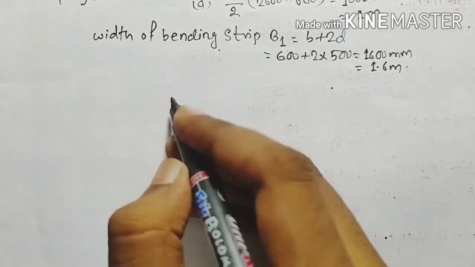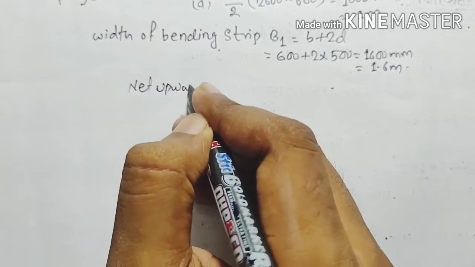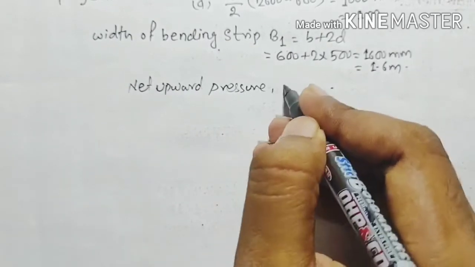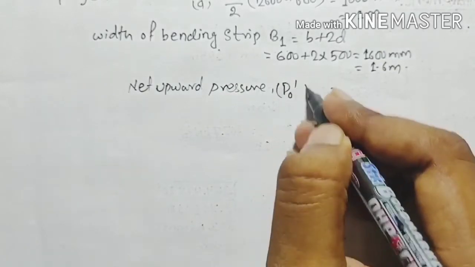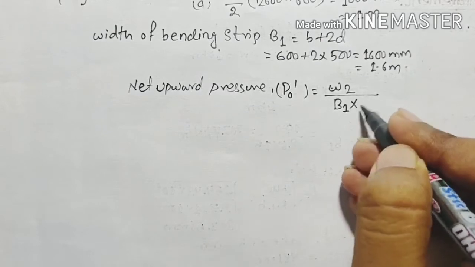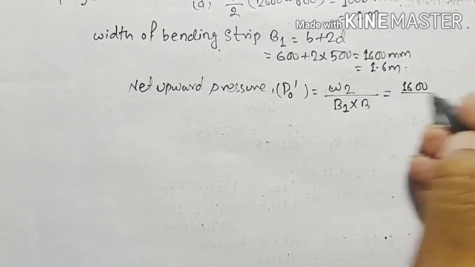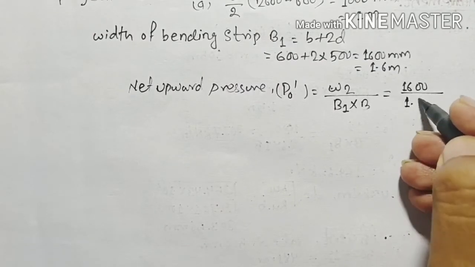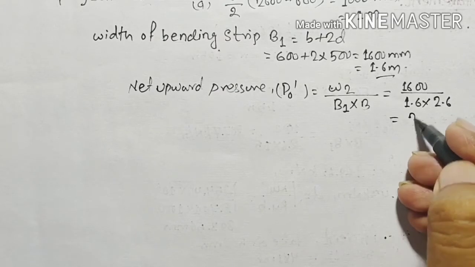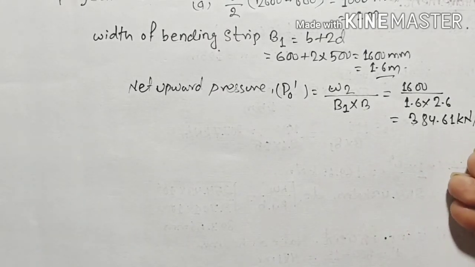Now time to find the net upward pressure, P naught dash, equals W2 by the dimension of the bending strip, that is B1 times B. On putting the values, 1600 by 1.6 into 2.6, we get the pressure equals 384.61 kilonewton per meter square.